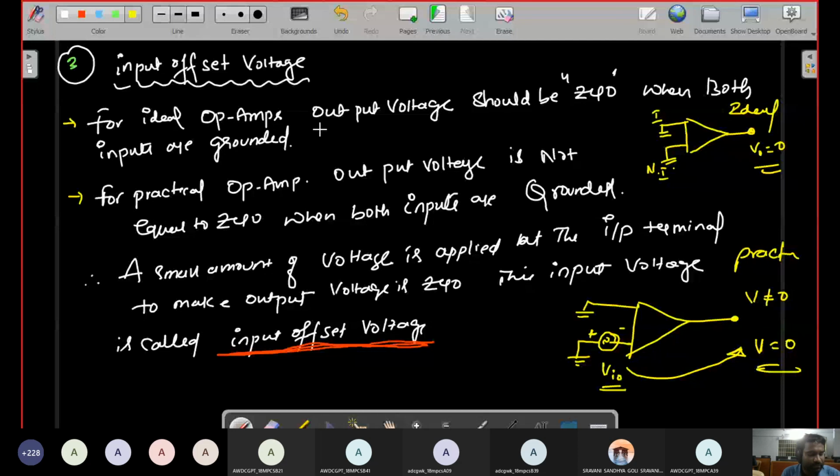So today's class is completed. Tomorrow we will explain three more definitions. After that, we will explain the characteristics of ideal and practical operational amplifiers.